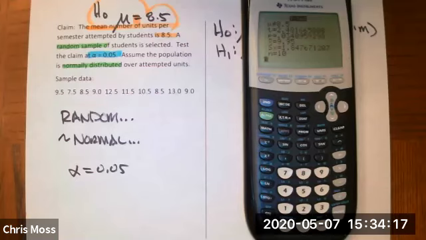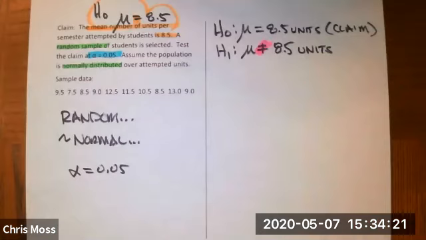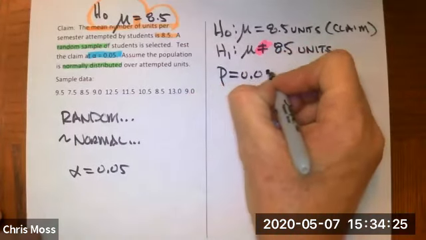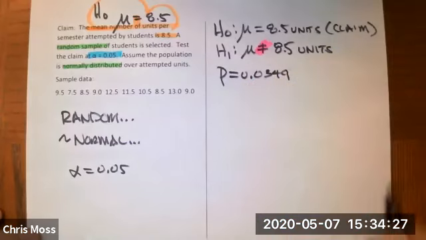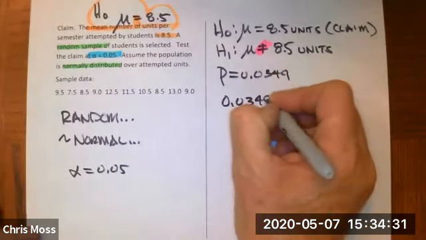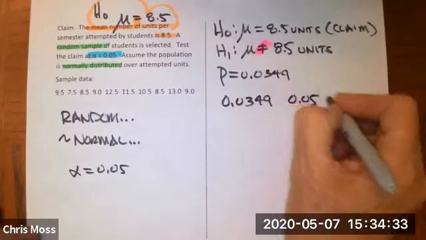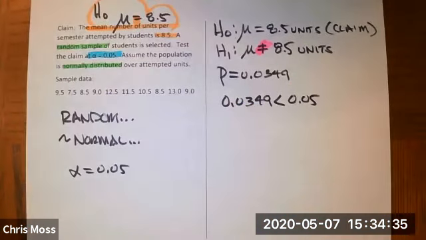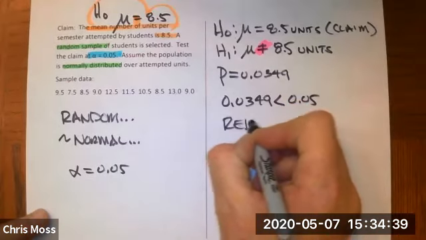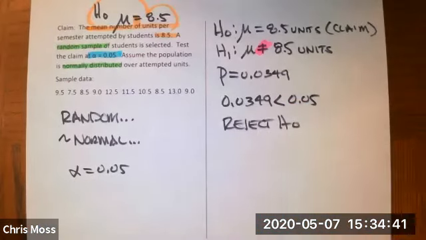P-value 0.0349. So 0.0349, 0.05. My p-value is less than my alpha. So we will reject the null hypothesis.